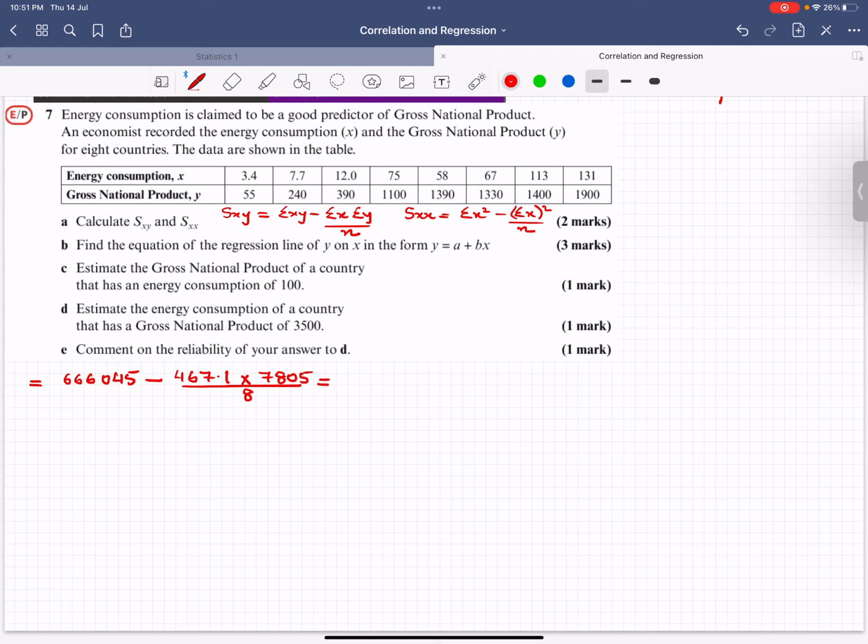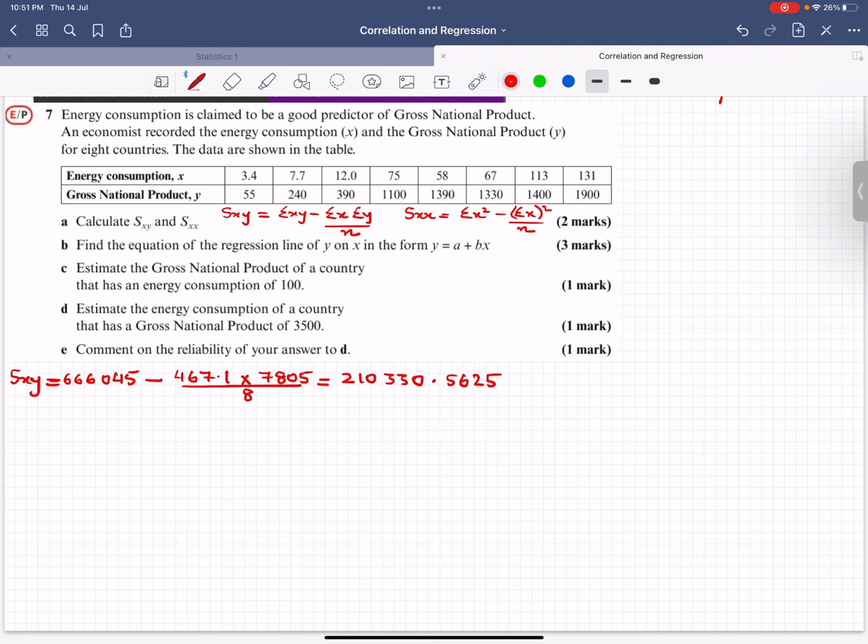So if we calculate that, we are calculating here SXY. So we'll write here SXY for clarity. And when we calculate SXY, we get 210,330.5625. That is our SXY value.